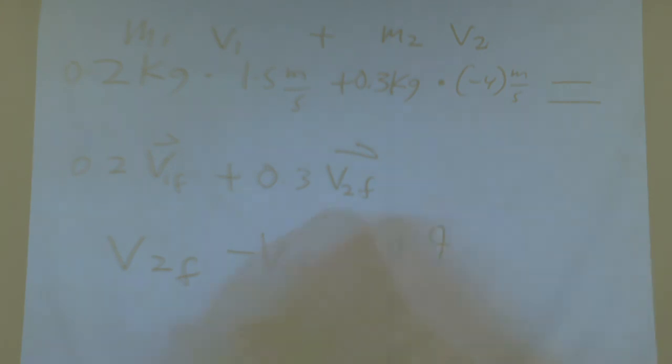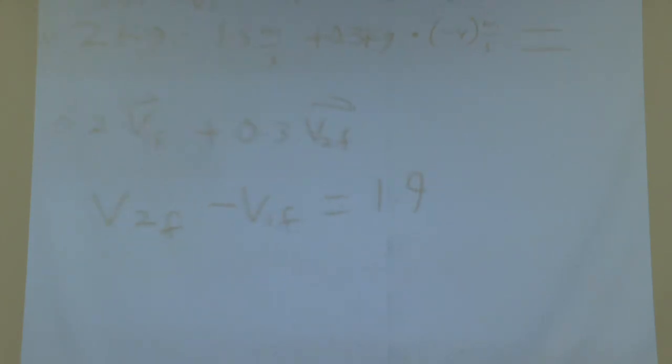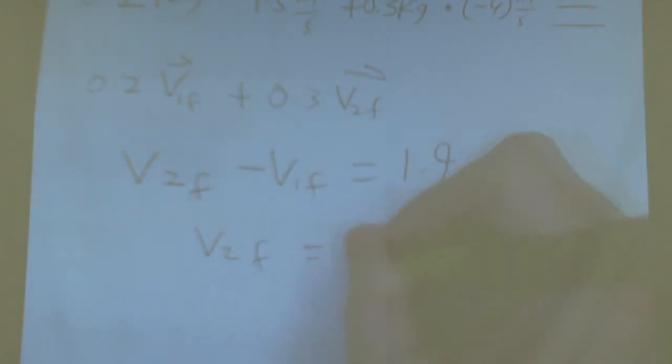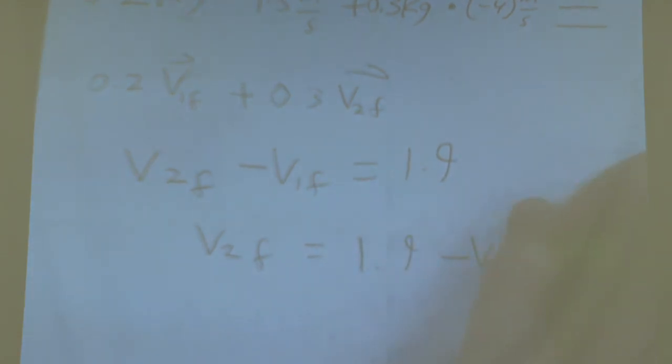So once we have this equation, okay, if you don't know where it came from, don't worry about it, but it's not complicated. And we're just going to solve for v2f is equal to 1.9 minus v1f. And we're going to plug this in up here. All right?